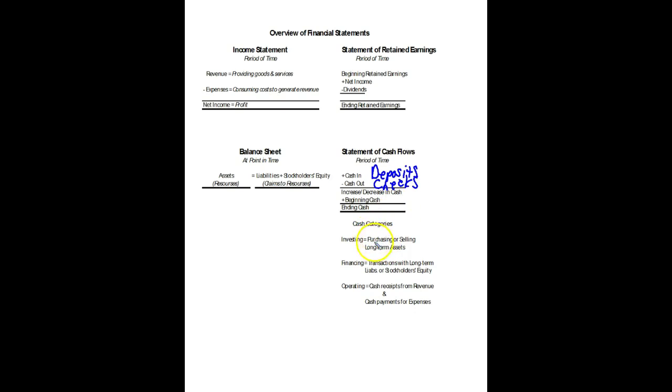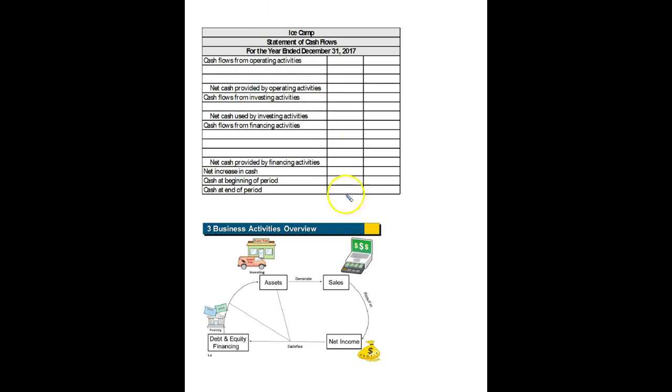But it gets more complicated because we categorize those in three categories. So let's go look at what those three categories look like. Well, the three categories are based on a very basic business model. If we were starting a business of our own, we would need money to buy our assets.